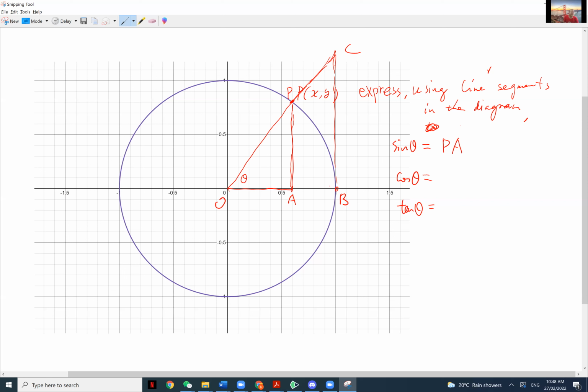Message me: what's sin theta, cos theta, tan theta? Just use the line segments in the diagram.